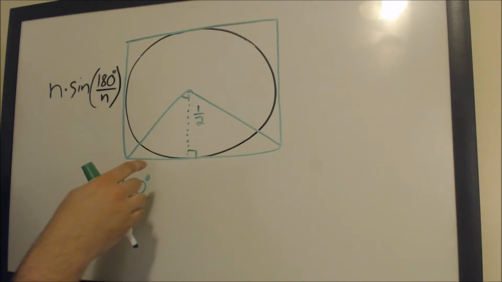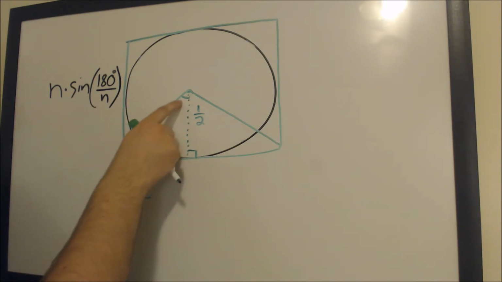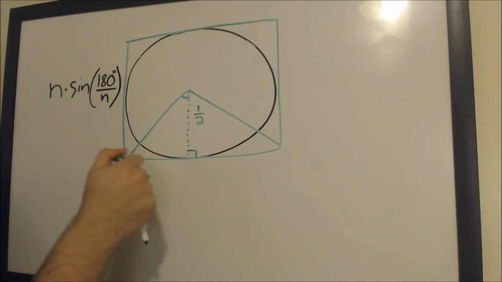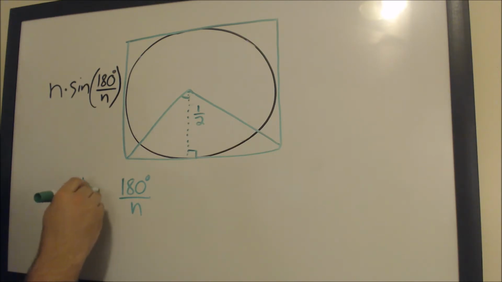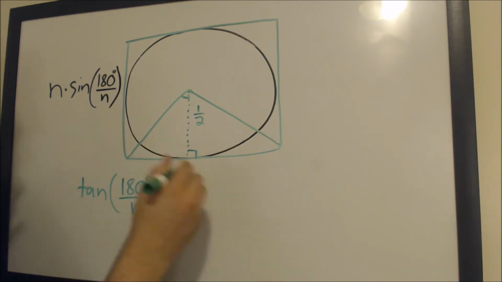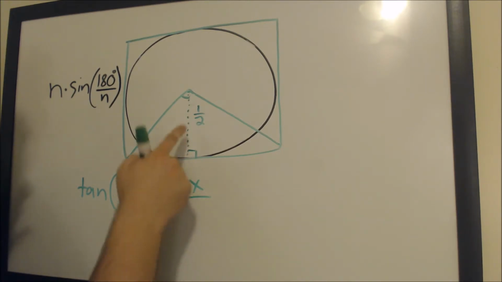If I remember correctly, the tangent of an angle is the opposite side divided by the adjacent side. So if I take the tangent of 180 degrees over n, that's going to be equal to my unknown side, which is x, divided by 1/2.